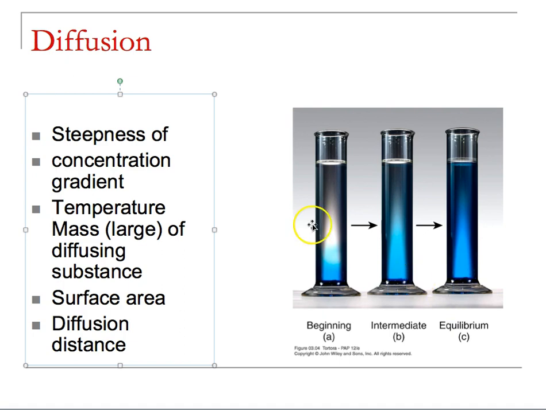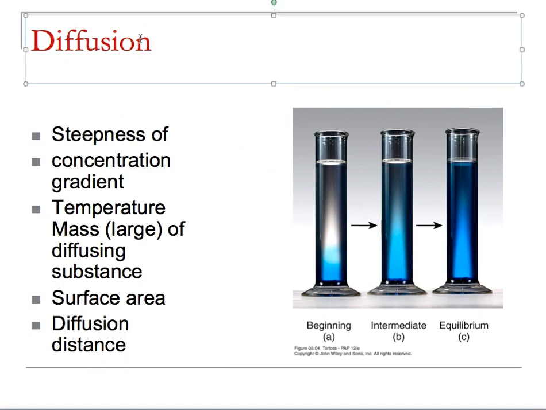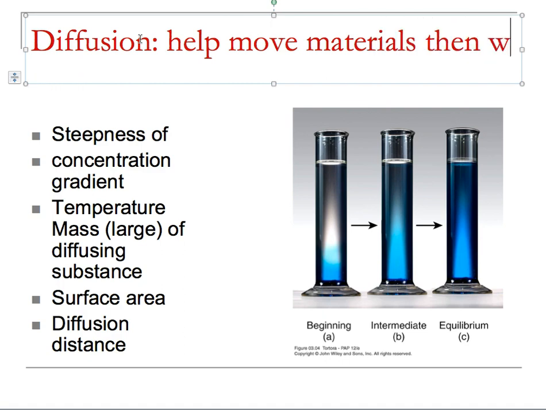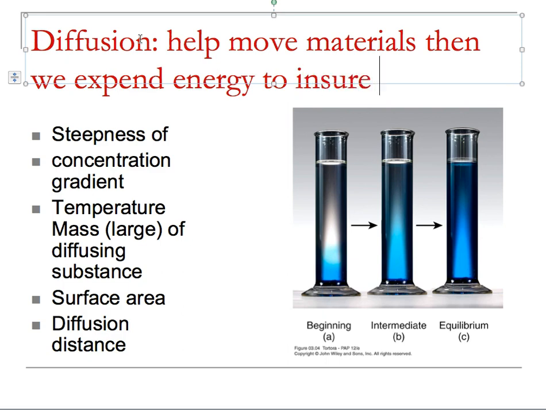So what's going to happen is, to be alive, what you're doing is we're letting diffusion help move materials, and then we expend energy to ensure no equilibrium. And hopefully that's clear, because if you're at equilibrium, you're at death, right?